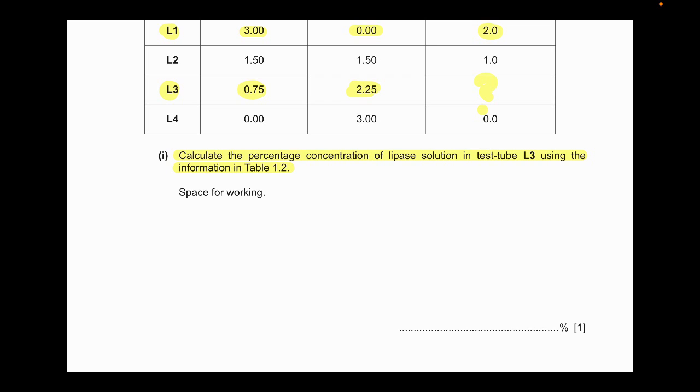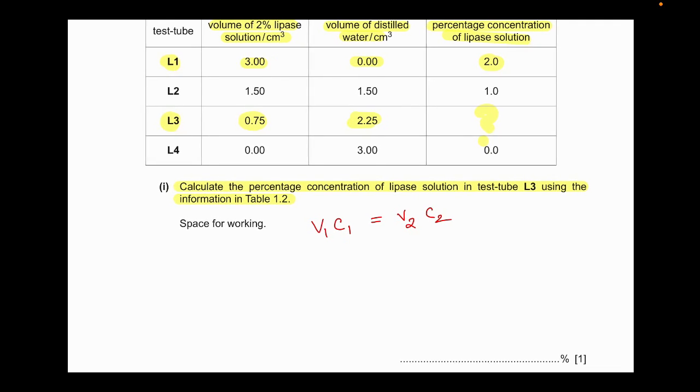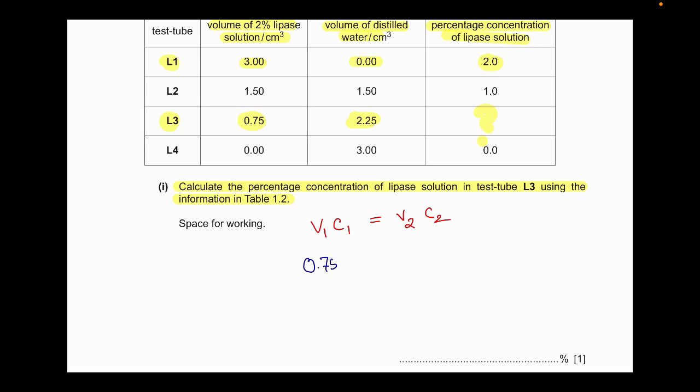Alright, so basically we can use the formula here. V1 C1, volume into concentration, is equal to V2 into C2, where C2 is the second concentration. Initially we already know the volume that we are using for the 2% lipase solution, which is 0.75, and the concentration is 2%.